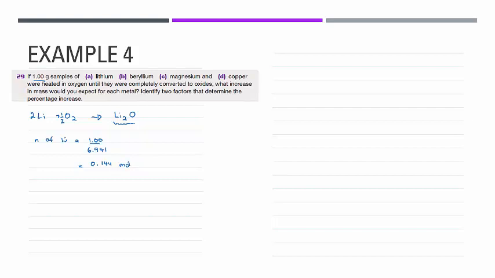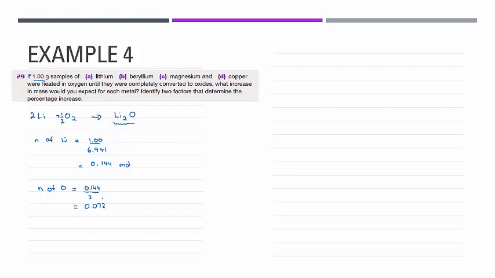Now, looking at the formula for lithium oxide, the ratio of lithium to oxygen is 2 to 1. So what that means is that the number of moles of oxygen will be half this. Okay, so the number of moles of oxygen will be 0.144 divided by 2, which works out to be 0.072.